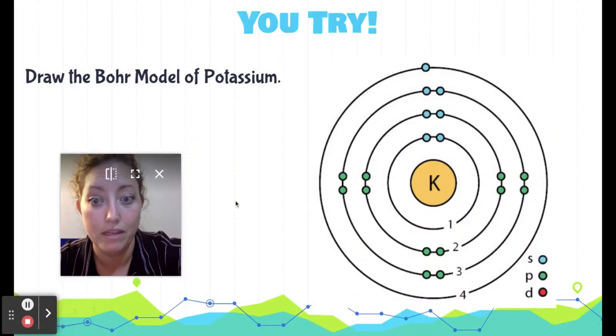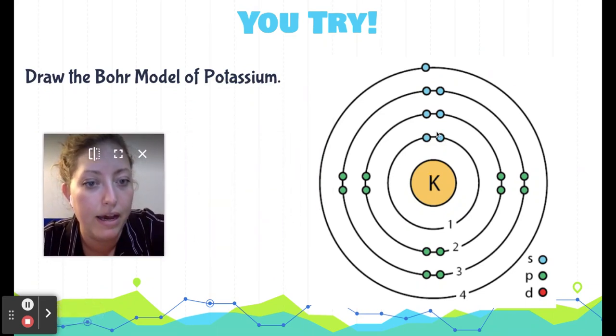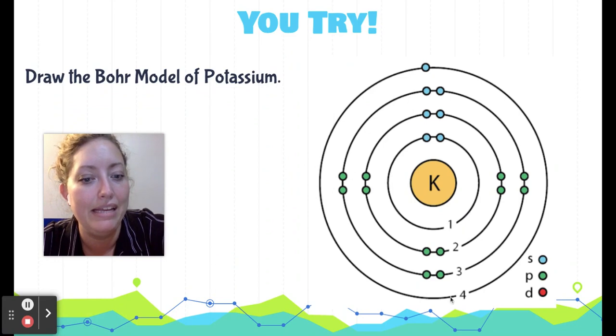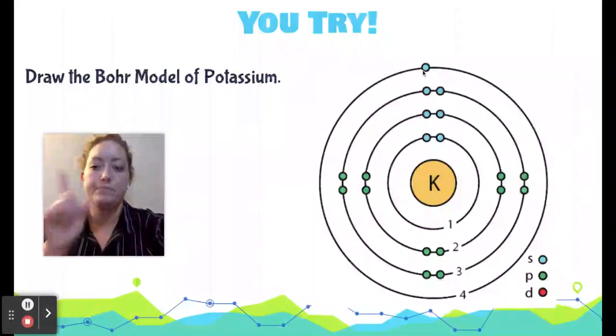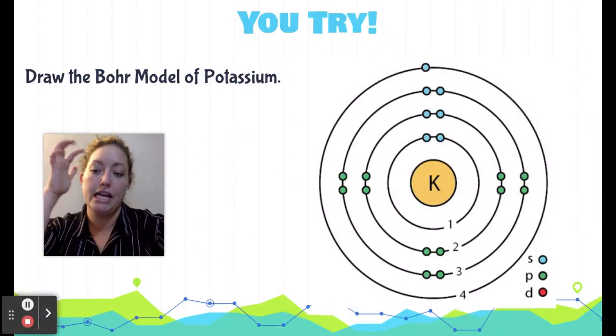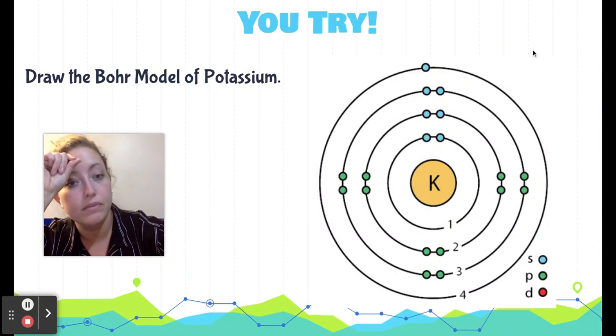Okay, right here. With potassium, I wanted to point out that you have 2 here, and then you have 8, and then you have 8 here, and then it jumps to 1. We did talk about how this should be 2, 8, 18, 32. The only exception to that is before you hit the transition metals.